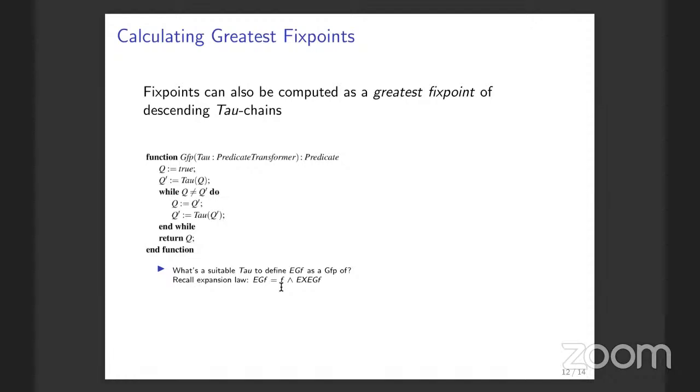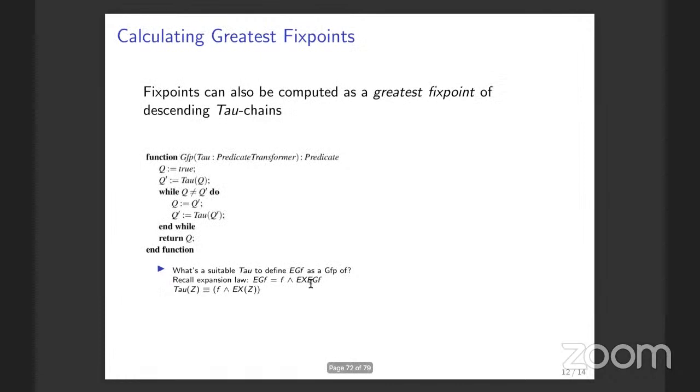It is those states that satisfy F, and every state that satisfies F must also have at least one successor state which also satisfies EG of F. Okay, that is how the set of all states that satisfy EG of F is recursively defined. Inductively, you can say.